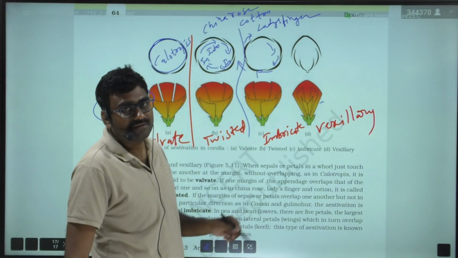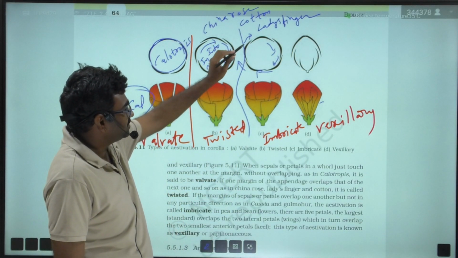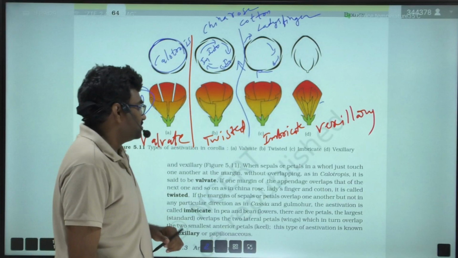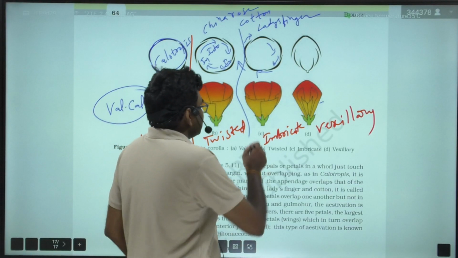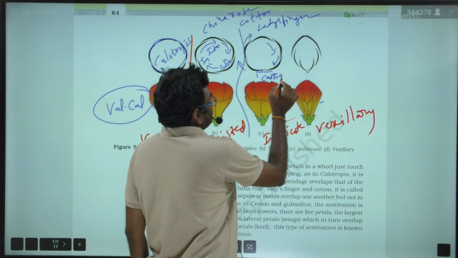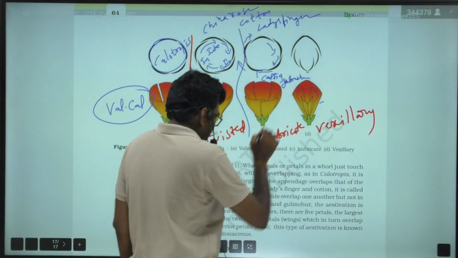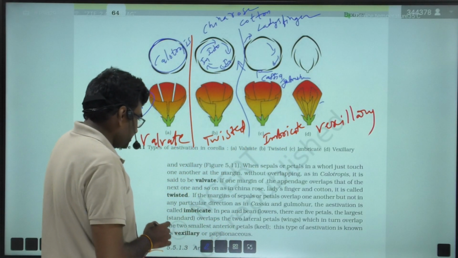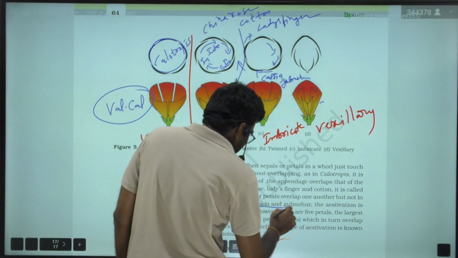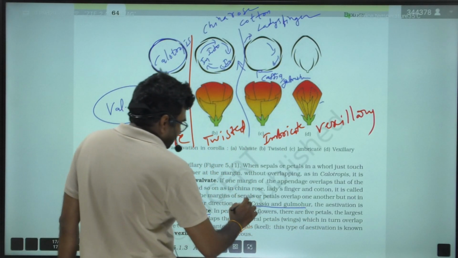So overlapping is not in a particular direction. That is the imbricate aestivation. Examples: Cassia and Gulmohar are the examples for imbricate aestivation.